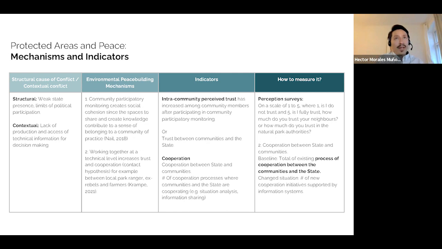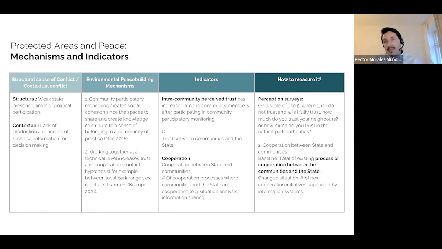So one example of a theory of change for this component of information systems is that there is a contextual conflict, which was the lack of information and capacities for territorial governance, which also facilitates deforestation. And the action was to improve information systems through capacity building and conducting participatory monitoring.